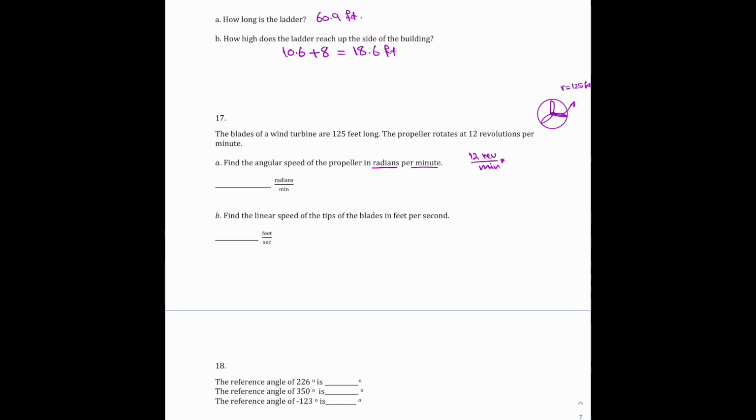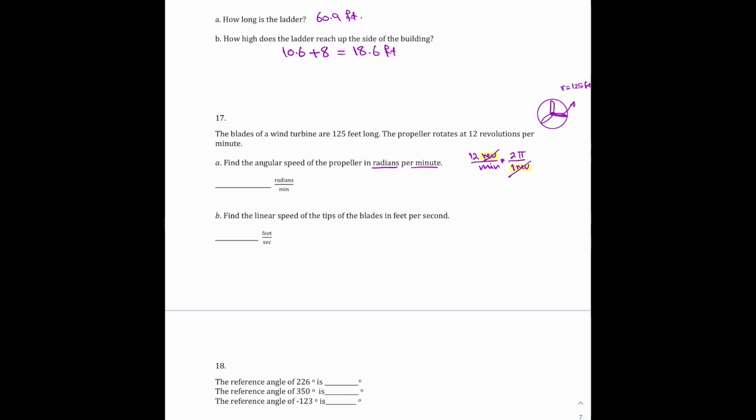So in order to find the revolution of this blade in radians, we know that one revolution, we put the revolution in the denominator since we need to cancel it. We need it in radians, so we're going to say one revolution is equivalent to 2 pi radians.